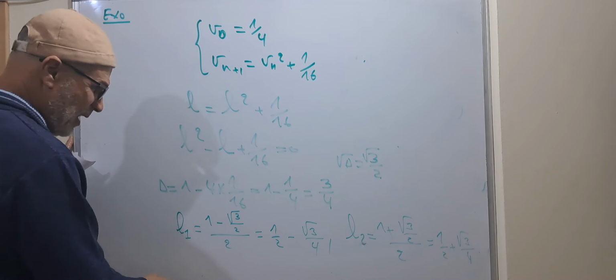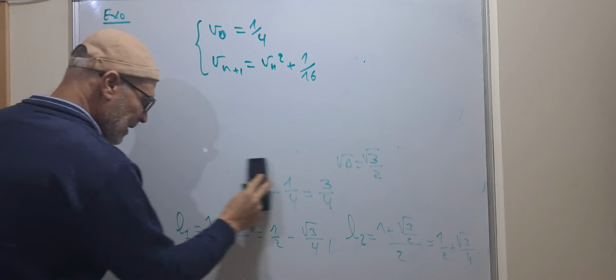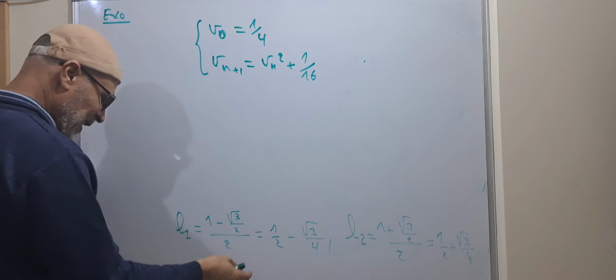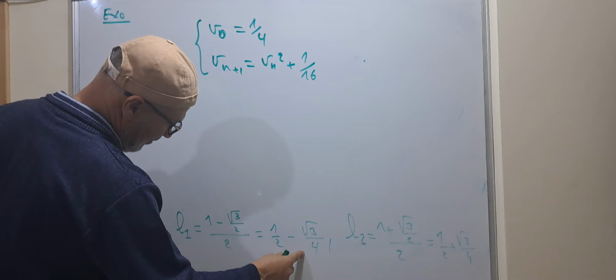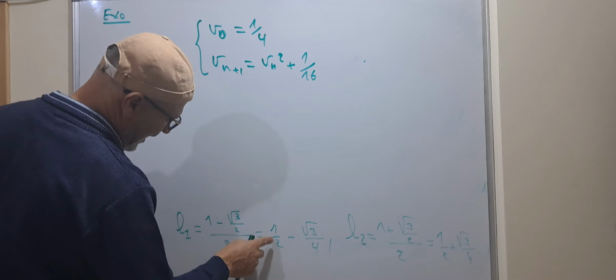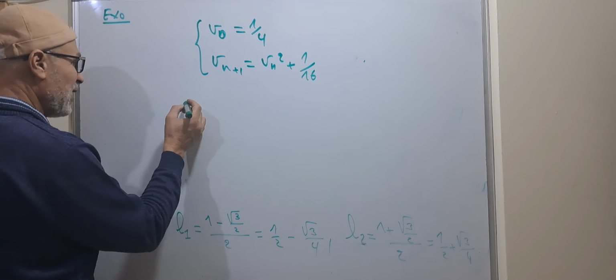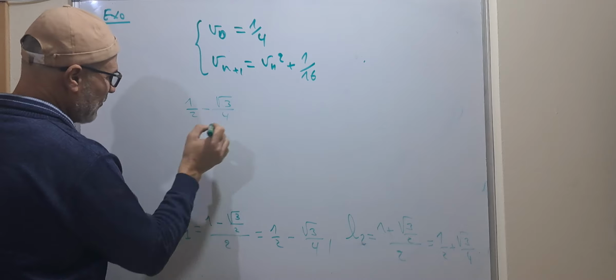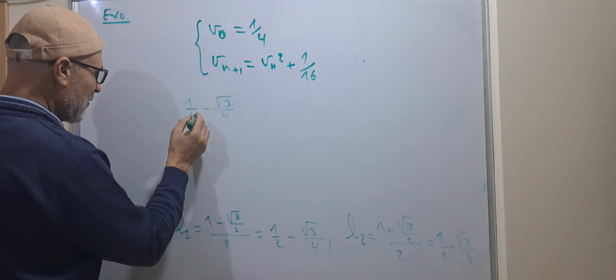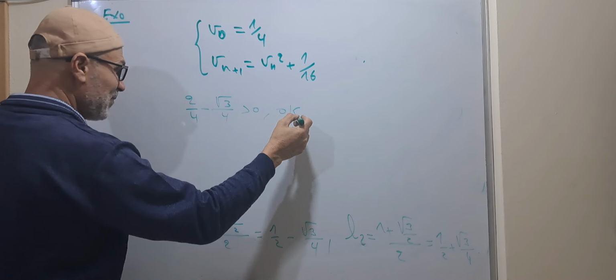Yeah, this is the mistake. Is this negative? We have 1 over 2 minus the square root of 3 over 4. Here we have 4 and here we have 2. This is positive, it's okay.